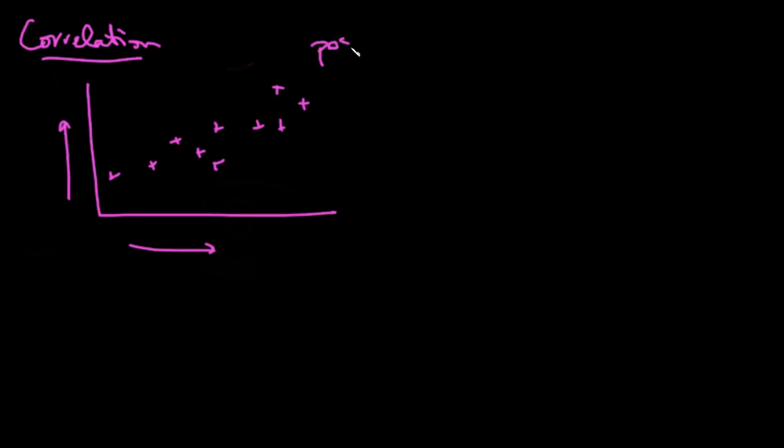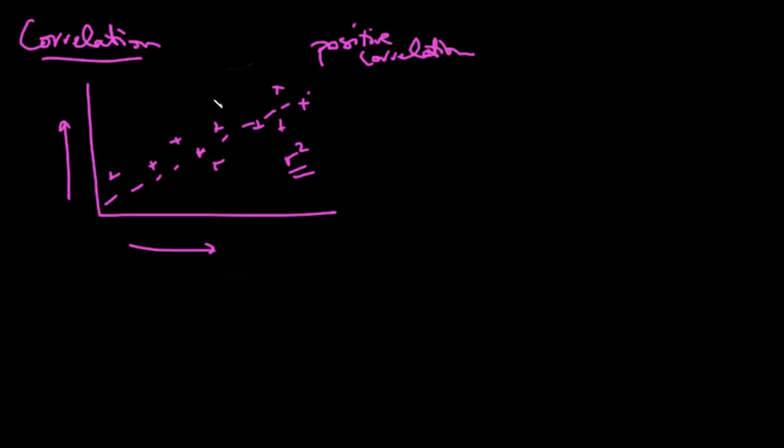This is called a positive correlation, right? And because it's all pretty much around this line, it's a pretty strong correlation. And we would need actually a Pearson R correlation value or an R squared value to look at that.